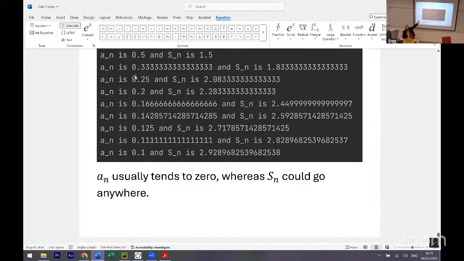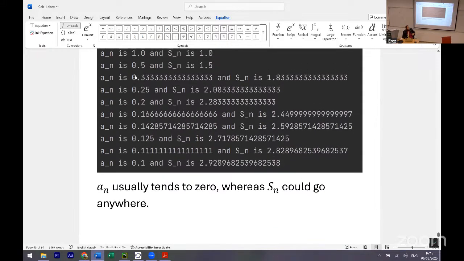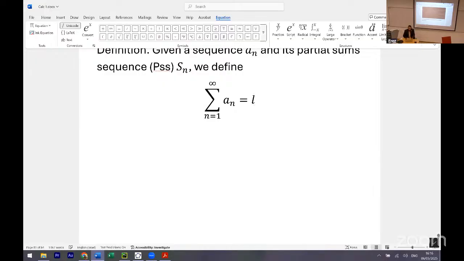Exactly, it's the limit of the partial sums. As you go further down the line, a_n tends to 0 usually, and S_n tends to the infinite sum by definition. That's the definition we will use. So it's the limit of S_n.